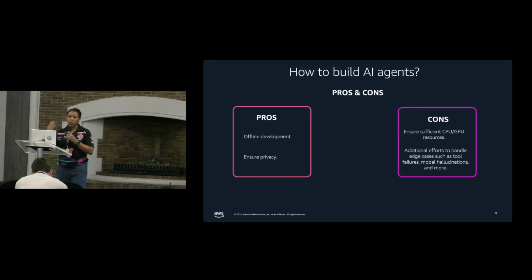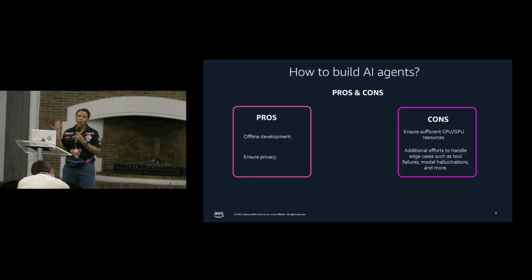But once you want to start scaling, then it starts being quite limiting for you, because you now need to worry about things such as your CPU or GPU resources. If you're working with your local machine, you might not have enough. And what happens when you have issues that you encounter, such as hallucinations?